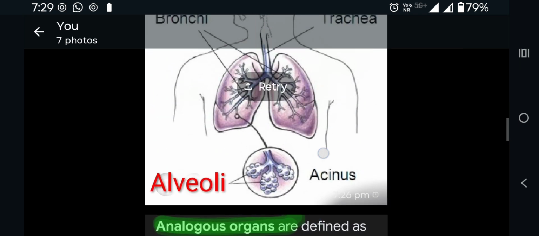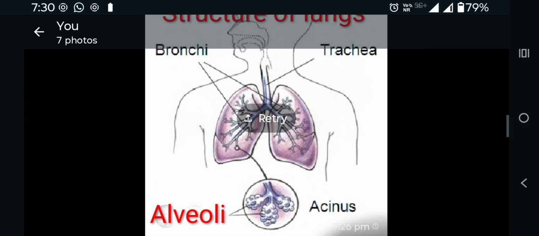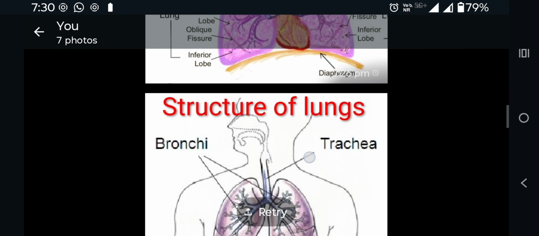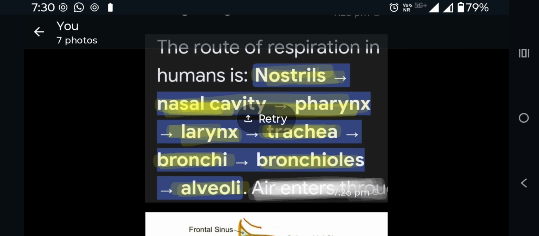If you see the structure of lungs, there is a pair of lungs having the trachea, then forming the bronchi, bronchioles, and alveoli or alveolus. This is the main structure of lungs, and the route of respiration in humans is through the nostril, nasal cavity, pharynx, larynx, trachea, bronchi, bronchioles, and alveoli.